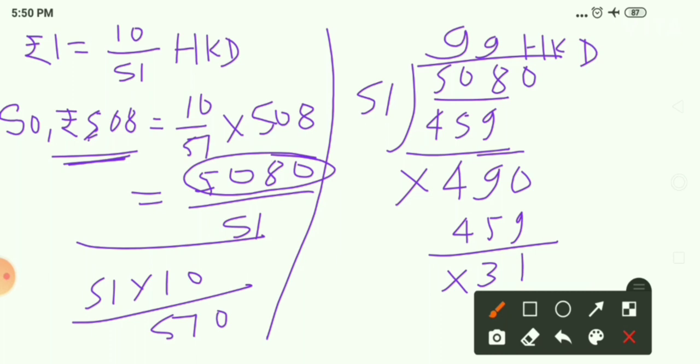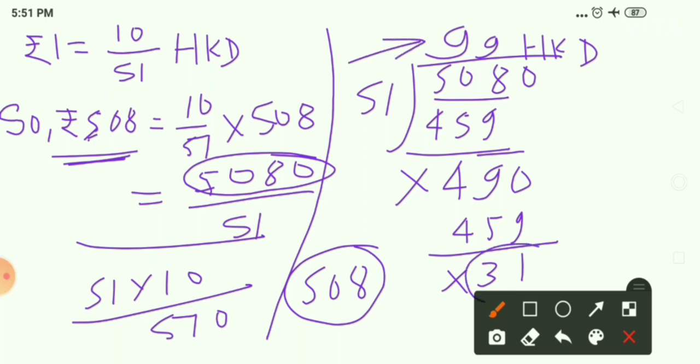Means in the change of 508 rupees, we will get 99 Hong Kong dollars, and here is 31. It means it is 3 rupees and 10 paise. Why am I saying 3 rupees and 10 paise? Because if you take 31 as rupees, 31 rupees, it will be wrong.